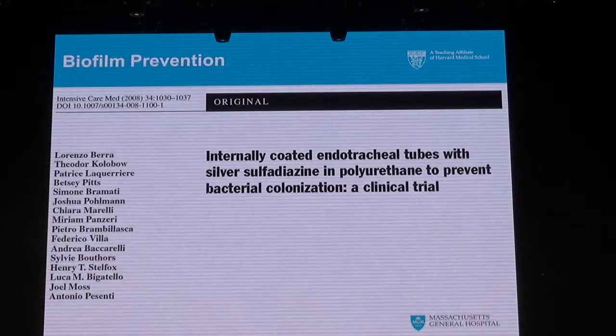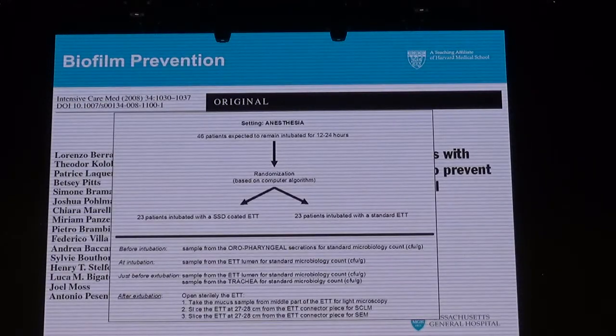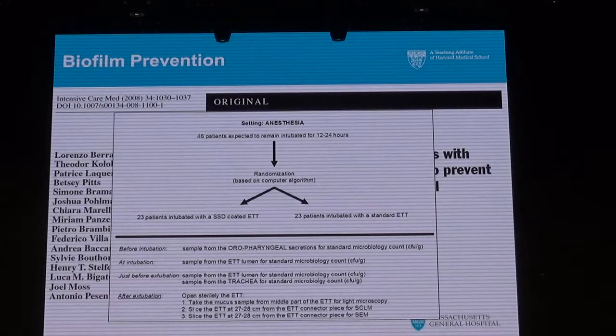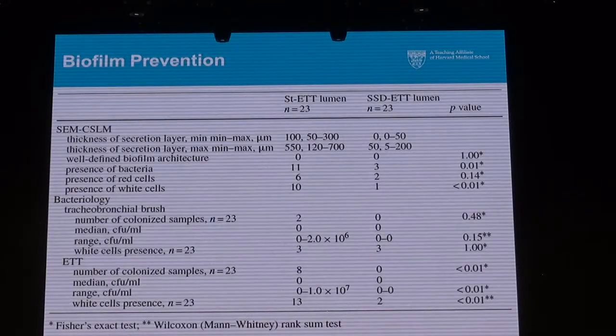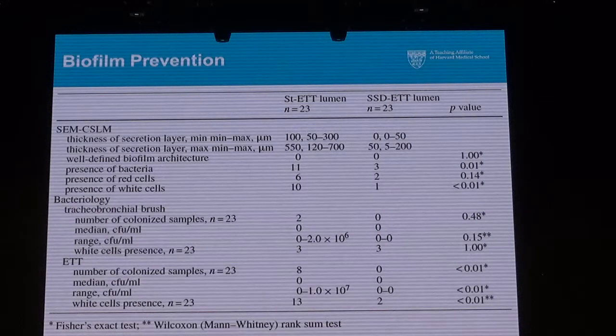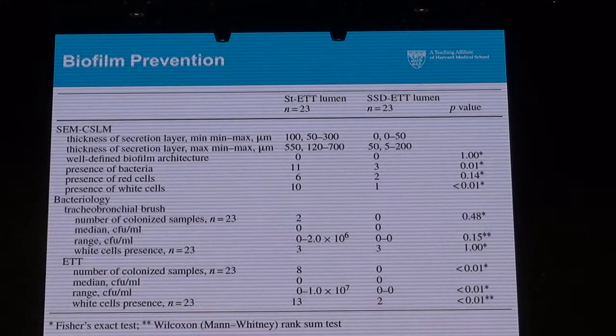We were very happy because the first report that we did was in cardiac anesthesia patients, and we randomized patients to receive one of these endotracheal tubes or just a standard endotracheal tube. We were very happy because what we found was that there were no bacteria on the inner part of the endotracheal tube, but these patients were cardiac surgical patients, so they had a very short, limited period of intubation, as you can understand.